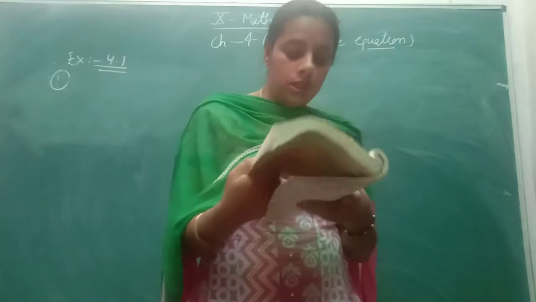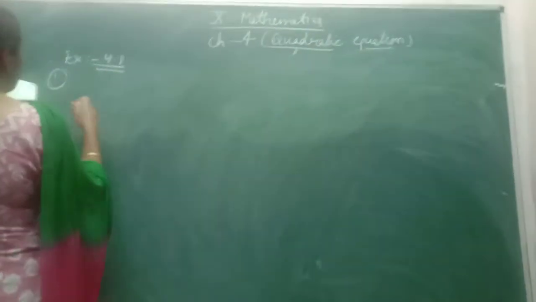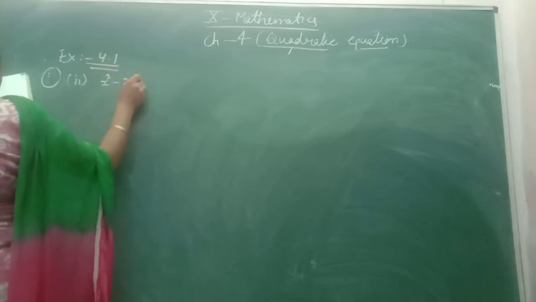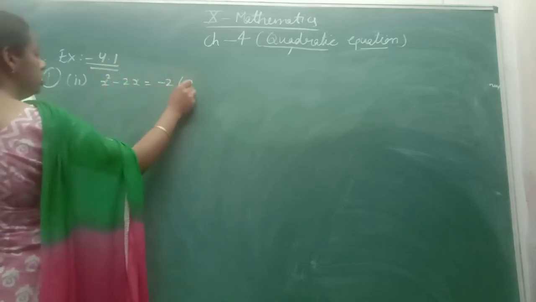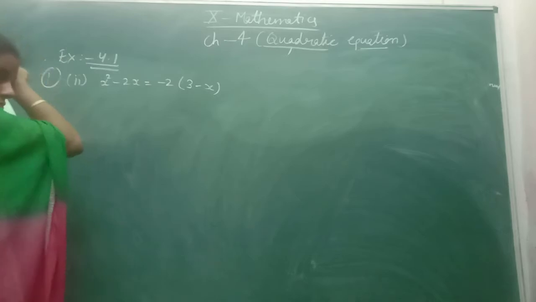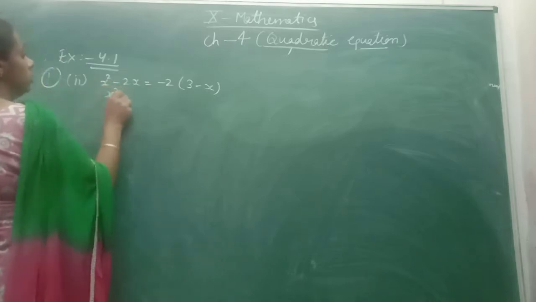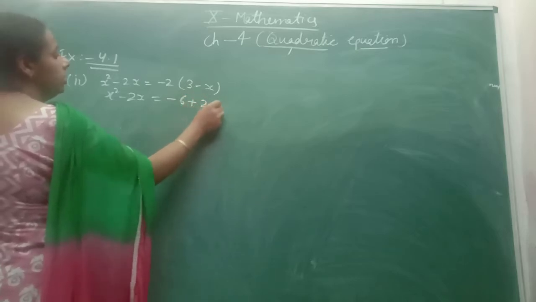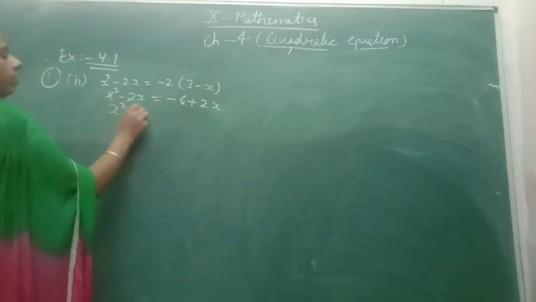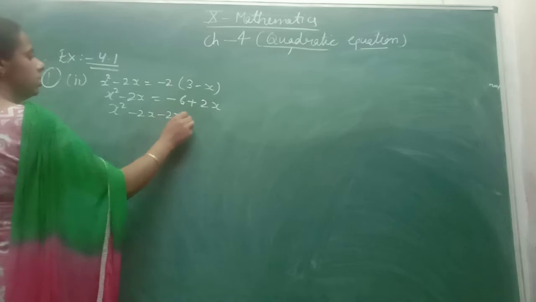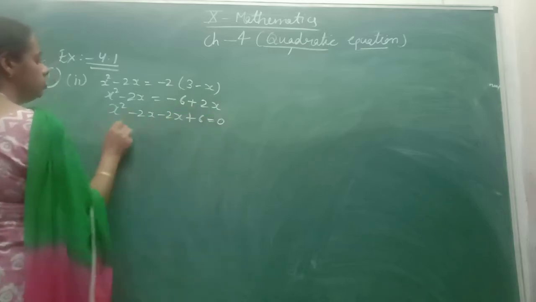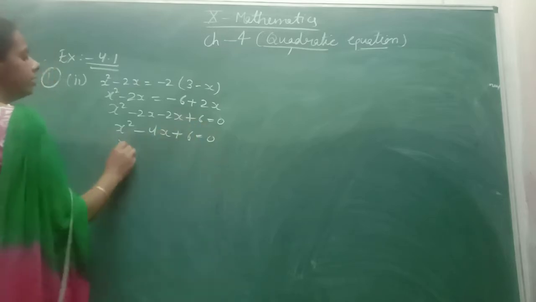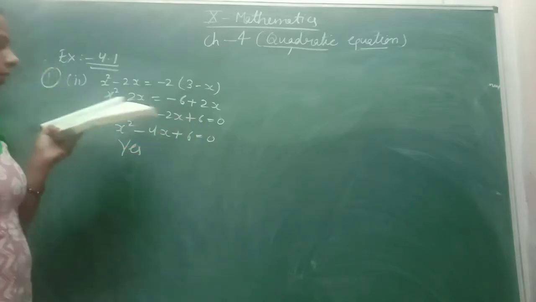I am taking the second part of it, where x square minus 2x is equal to minus 2 times (3 minus x). On solving this equation, you can find out whether this is a quadratic or not. Take everything on one side: minus 2x plus 6 equal to 0. So you will have here x square minus 4x plus 6. Is it a quadratic or not? Yes, it is a quadratic equation.